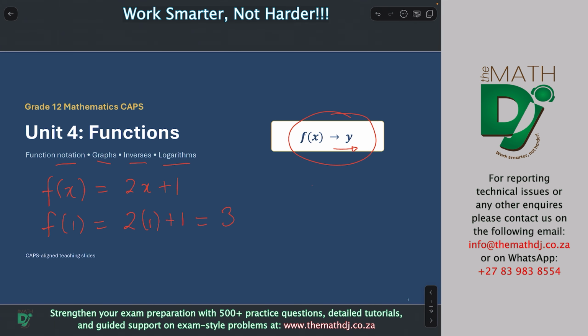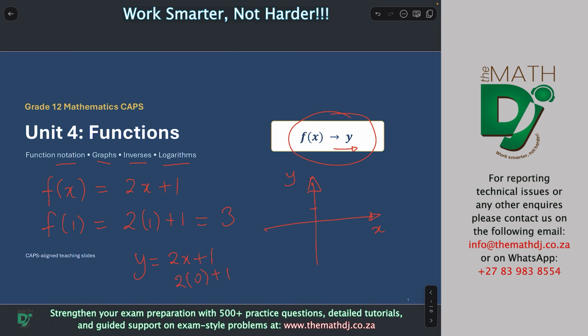Then we also look into graphs. For example, on the y-axis and x-axis, if we want to draw y = 2x + 1, it means when x is 0, y is 1.